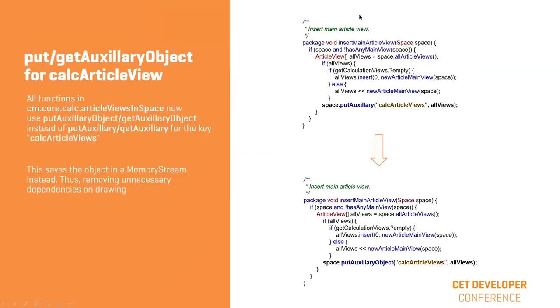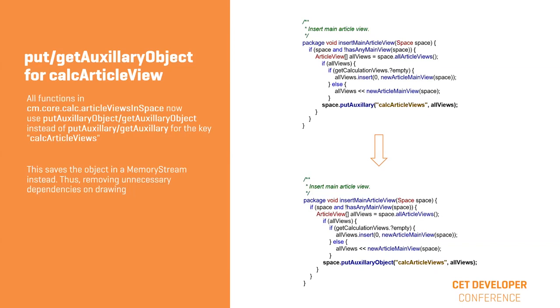Yes, and we have made some changes to article views in space in the package CM Core Calc. This previously was causing an error because we used space.put auxiliary. So what that will do is that it will put the article views directly into the auxiliary data without converting the class or anything.